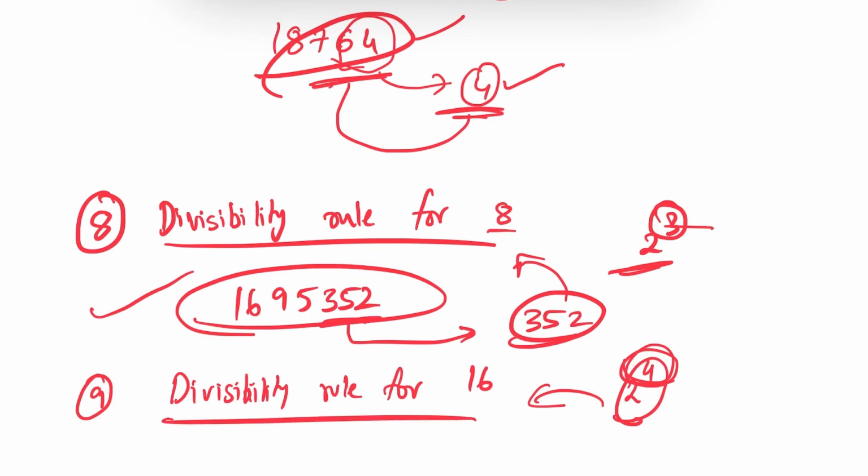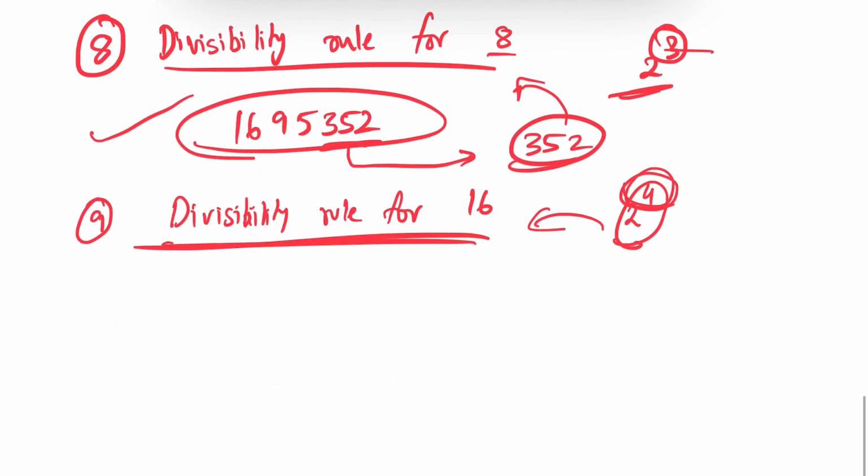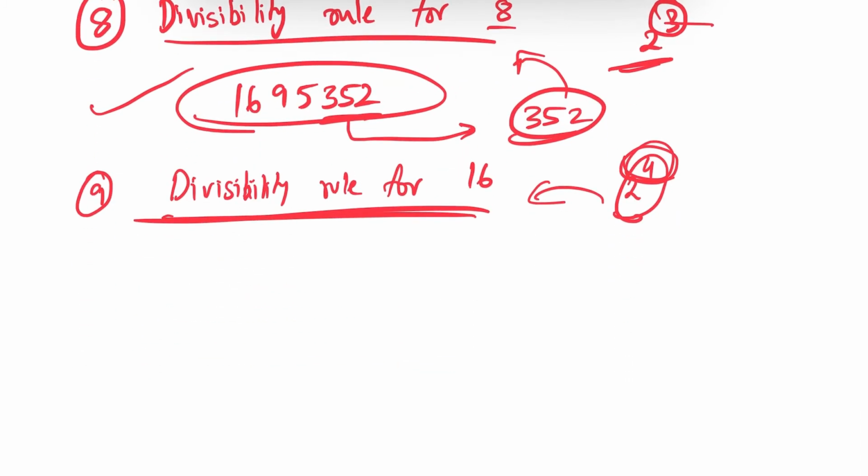Okay, and coming to the 16, the same rule applies, but the number we have to check is 4. Okay, 2 power 4, hence last 4 digits. For 16 we can actually check like this: 4334 3776.